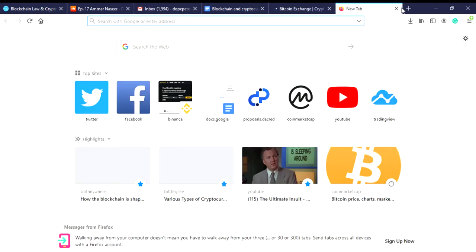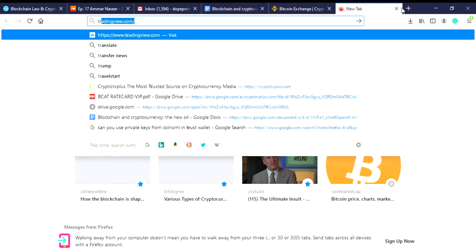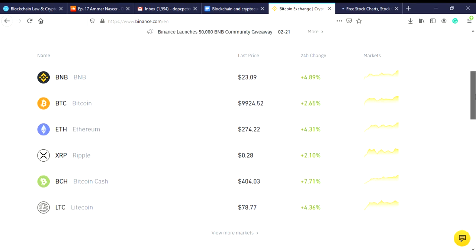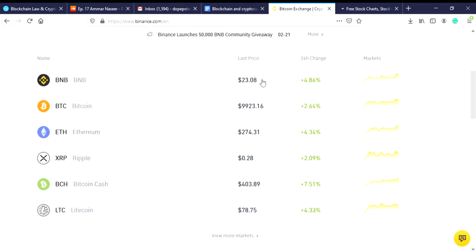And also as a trader, you need one more thing. It's a charting website where you can see charts of the cryptocurrency you want to trade. It's called tradingview.com. Let me go back to Binance. So this is Binance. This is an exchange where you can see the price of the cryptocurrencies.